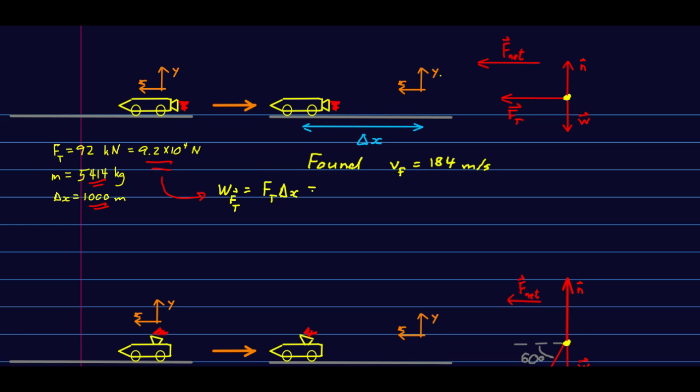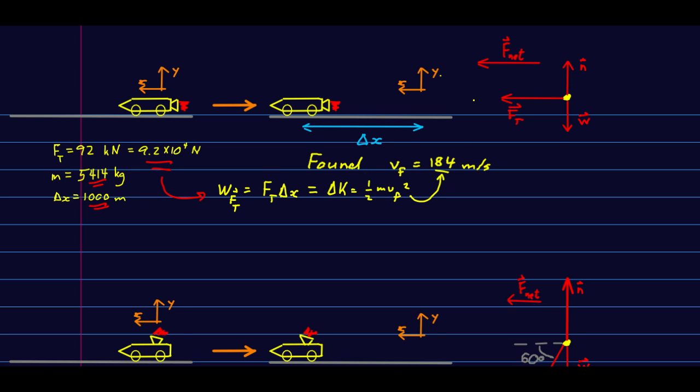And if we set that equal to the change in kinetic energy, which, since it started at rest, was just the final kinetic energy, so just a half m v_f squared, we were able to solve and get 184 meters per second, which was correct.